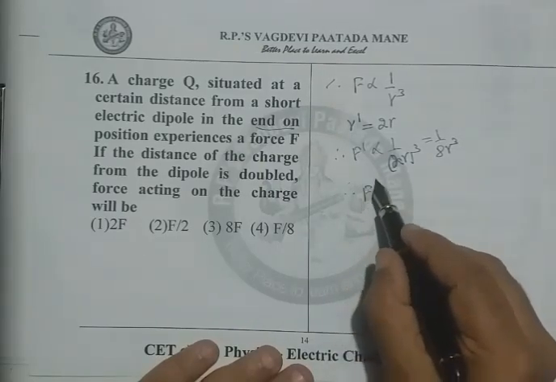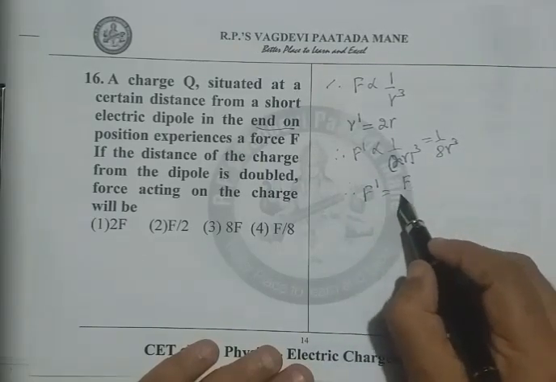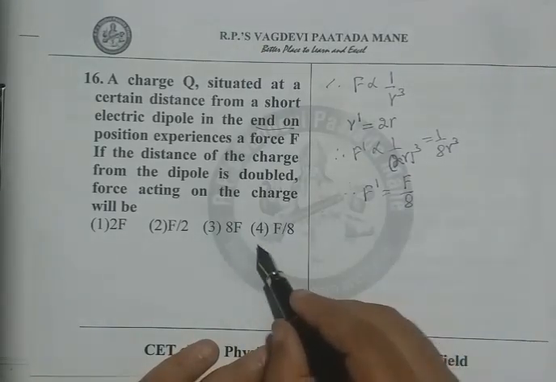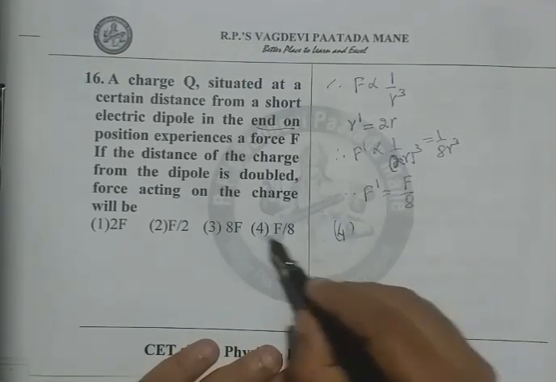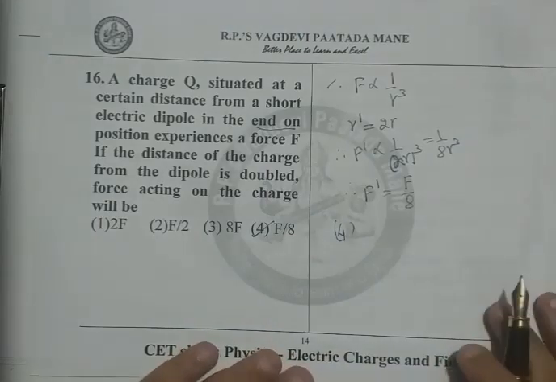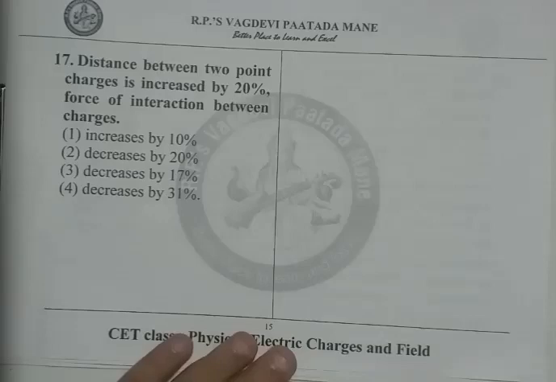Therefore, we can simply say F dash equals F by 8. Option 4 is right. Now, going over to the 17th question.